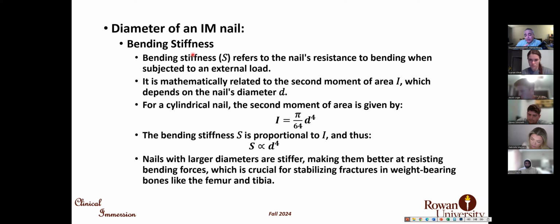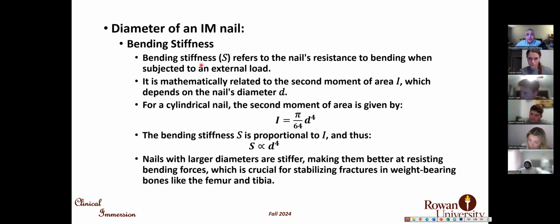Let's see how the diameter of the nail has an effect on these different parameters. All of these are important for us. If they are all higher, it means the nail is more rigid, so it will tolerate more load, and that is something that we want.